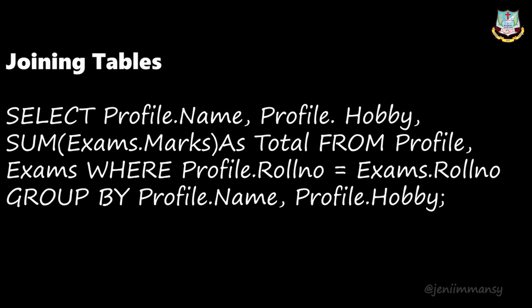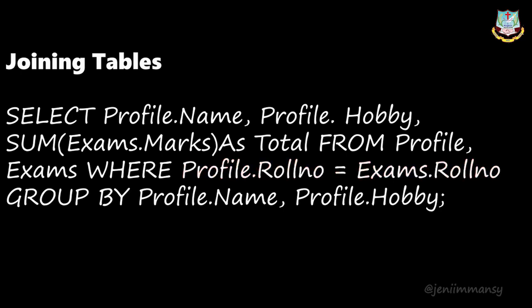We are giving two tables, right? One is profile and another one is exam. So from profile, exam, where profile.roll_number is equal to exam.roll_number. That means the roll number column in the profile table and the roll number column in the exam table are equal.